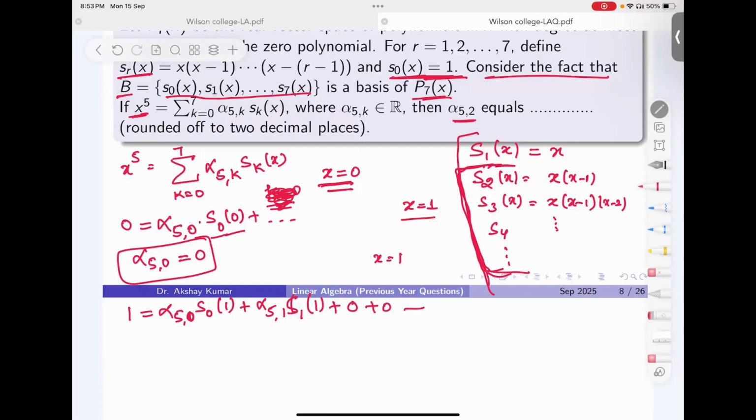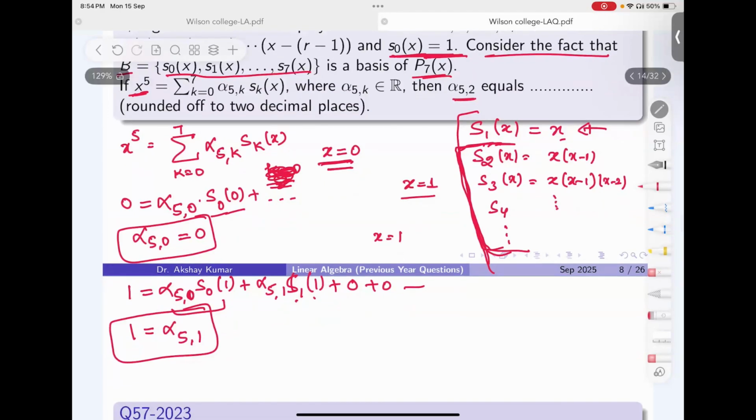This part is also 0 because alpha_{5,0} is also 0. So the remaining is 1 equals alpha_{5,1} S_1(1), and what is S_1(1)? This is also 1. So alpha_{5,1} equals 1.